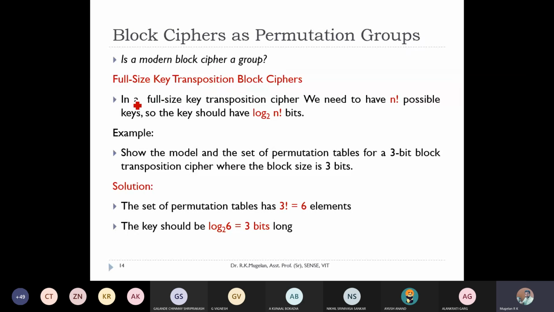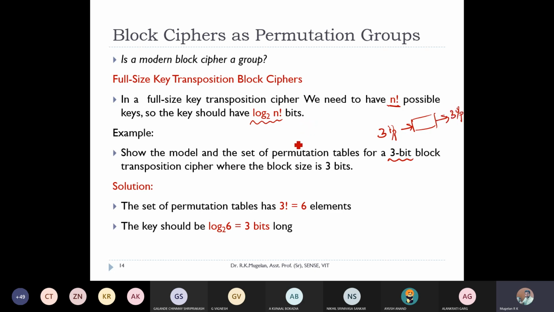So if you take a transposition block cipher, we need to have n factorial possible keys, and the key size should be log to the base 2 of n factorial. For example, let's consider a 3-bit block transposition cipher. I'm going to have a 3-bit input, which will be given to a permutation or transposition cipher technique, which gives me a 3-bit output.